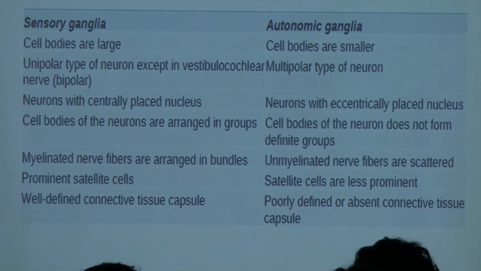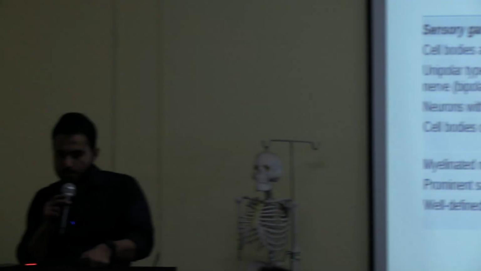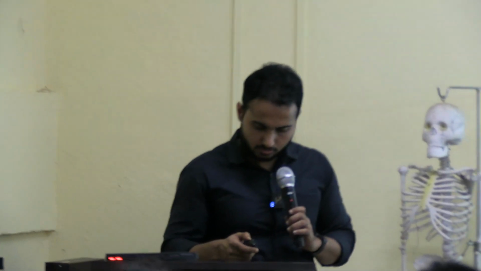First of all, you have to write the introductory part of the nervous tissue, then you have to write the structure of neuron, along with the diagram. And in the introduction, don't forget to mention the classification of nervous system.